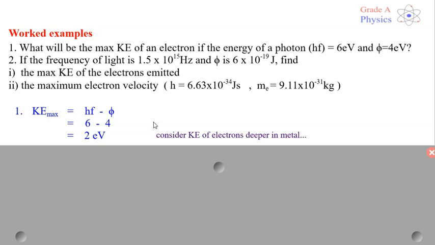So some of those electrons will have slightly less kinetic energy, maybe 1 electron volt. Maybe the next layer of electrons would require 6 electron volts to remove them just to the surface where they're just sitting there, because 6 minus 6 would give us 0. So we've got a range of kinetic energy all the way from 0 up to a maximum of 2 eV.